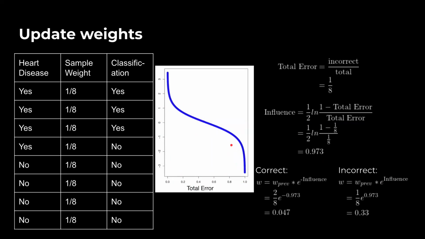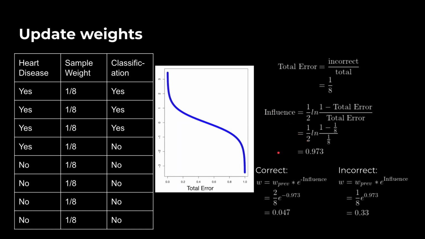If influence is negative, that means we actually classify more of them wrong than right. But anyway, the higher the number, the bigger the influence, and therefore the bigger the amount of say that this decision stump we just added will have in our final model, right?